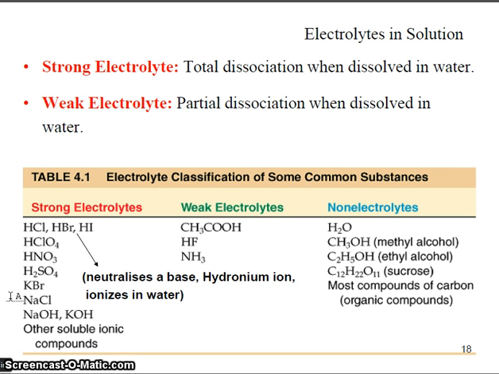Weak electrolytes would be something like acetic acid or HF or ammonia, which do not completely go through ionization. However, you must know, and those of you who will be taking general chemistry 2 will be discussing this in greater detail, as you increase the dilution, the extent of ionization gets better too, and then you will realize why.